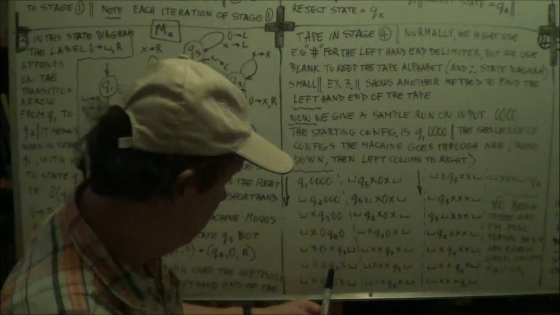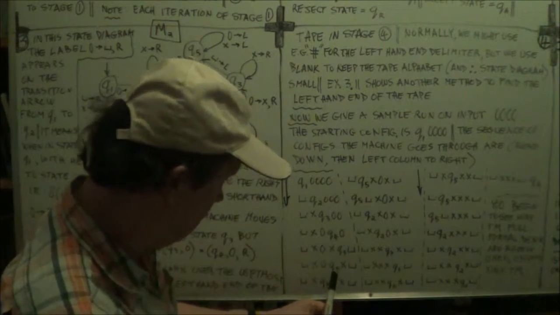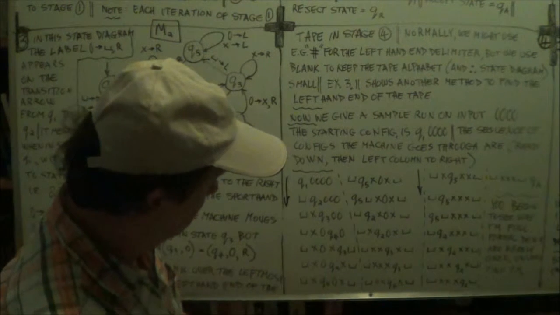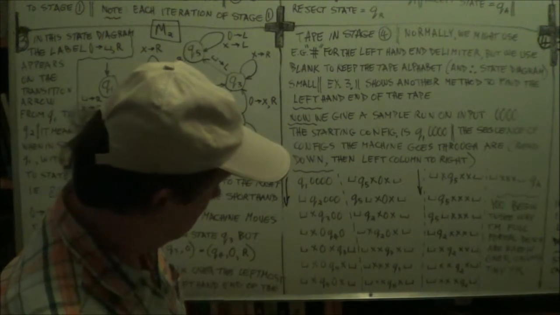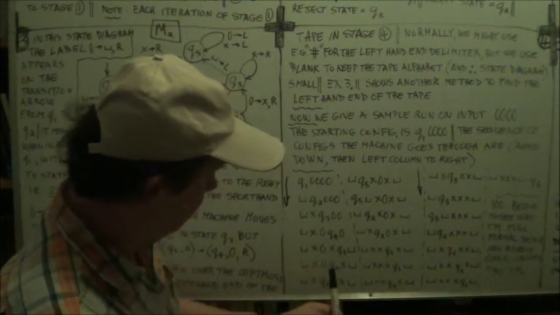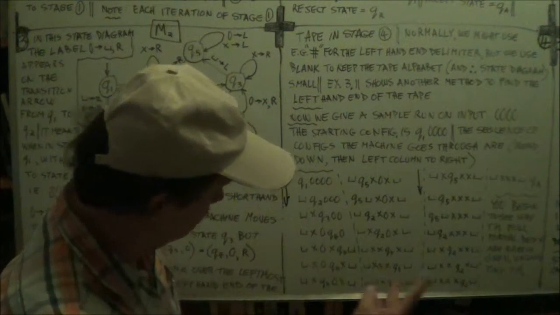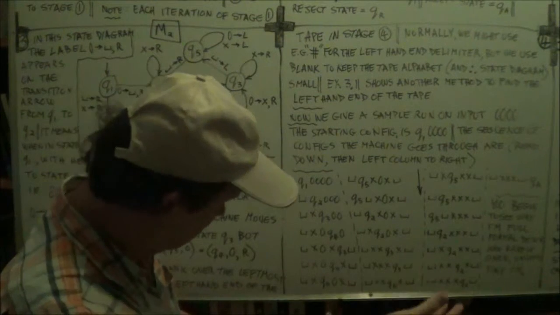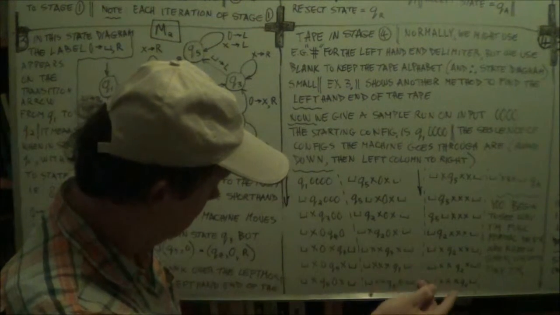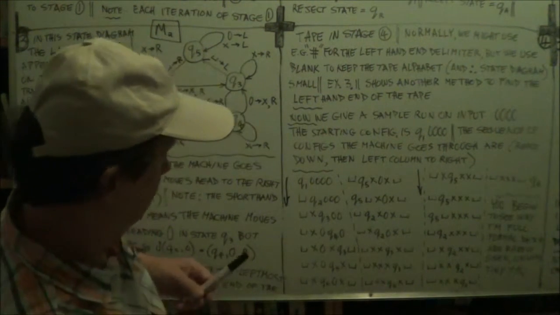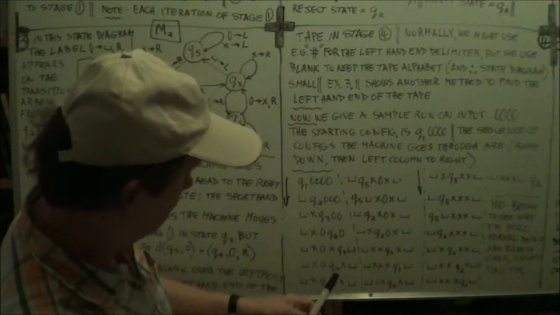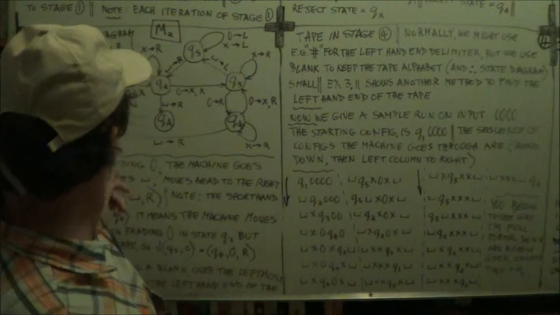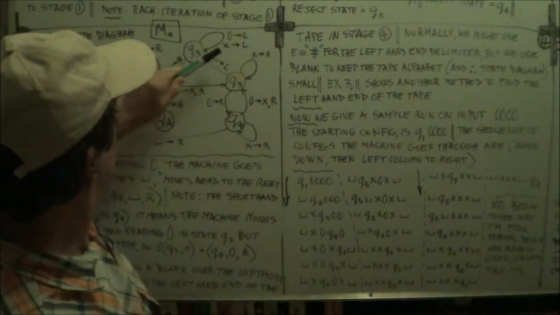So I can predict, without looking at the transition table, what it should be. Q5, comma X, arrow. The transition rule, so the triple, will stay in Q5, so it'll be Q5, comma X, comma L. Right? Because we're moving back, we're moving left. Okay, let's check that. So Q5, X, where's Q5?